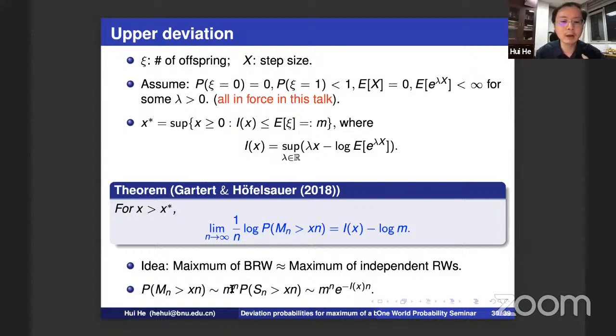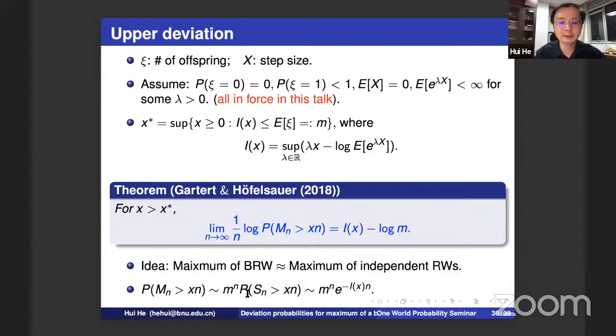So in average, since m is the mean of the offspring number, at time n, in average there are m to the n particles in the system, and then each particle moves as an independent random walk, okay? Here Sn is just the Euler random walk with step size of capital X. So this probability is equivalent to m to the n times the probability that a random walk's position is higher than xn.